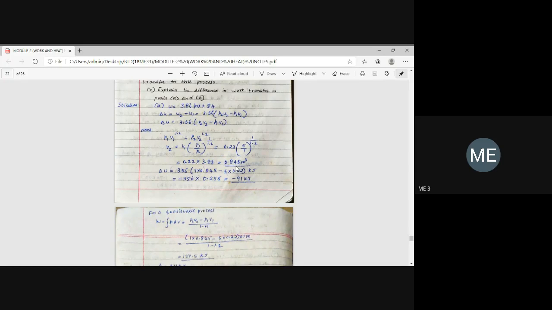Once you know P1, V1, P2, V2, you substitute in the standard equation: 3.56 into P2 V2, where P2 is 1 and V2 is 0.845, minus P1 V1, where P1 is given as 5 and V1 is given as 0.2. Just substitute.